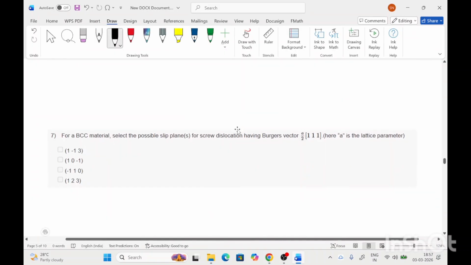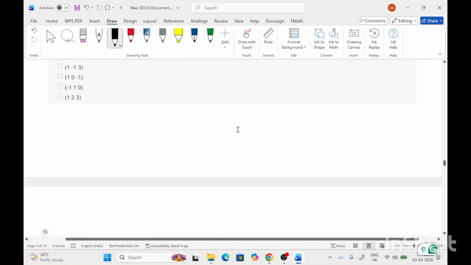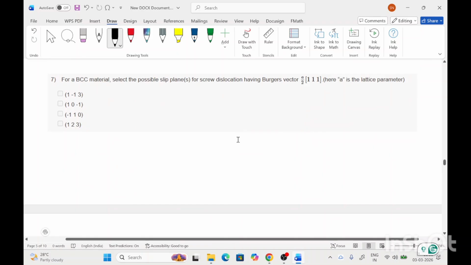Next question we will move to. We are asked, for a BCC material, select the possible slip plane for a screw dislocation having Burgers vector a by 2 [111]. So how can we find the slip plane for a Burgers vector?